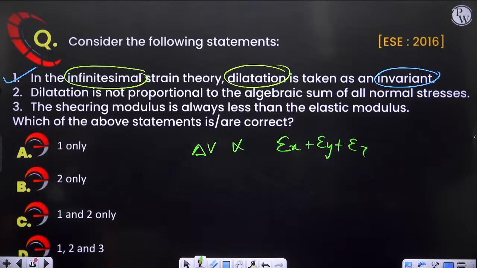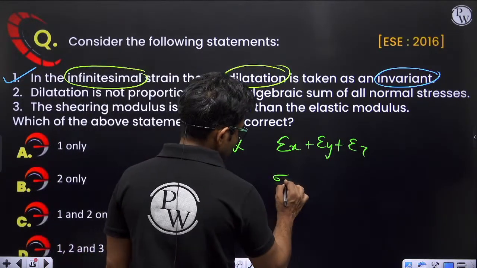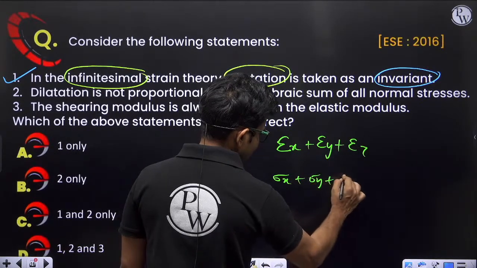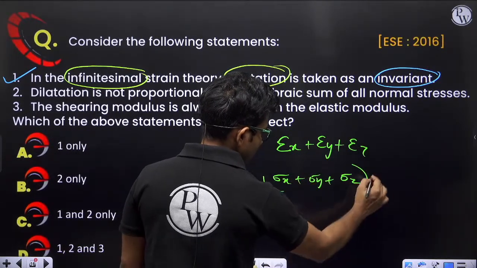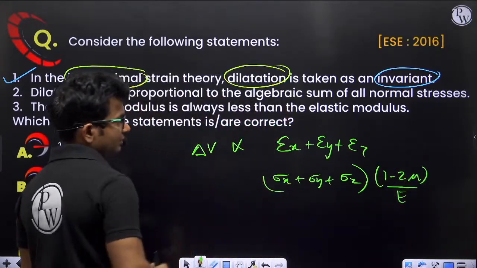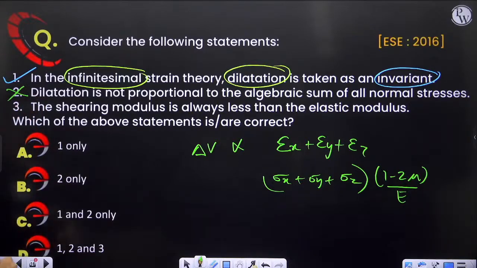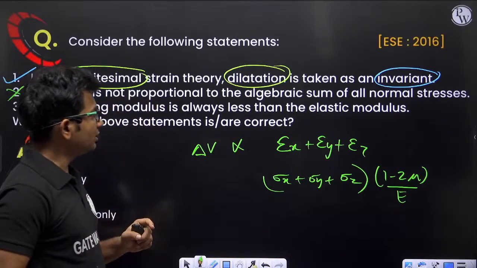It is proportional to sigma x plus sigma y plus sigma z times 1 minus 2 mu divided by E. So this statement is wrong. Statement 2 is wrong.